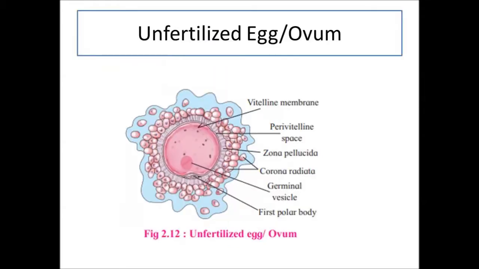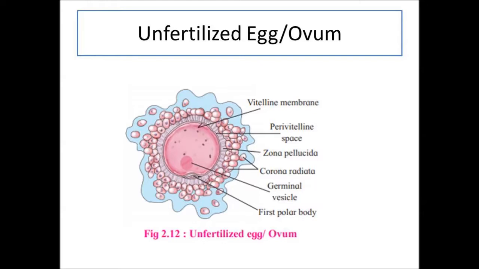Then, after the process of oogenesis, there is the structure of the secondary oocyte, or the unfertilized egg or ovum. In humans, the unfertilized egg when ovulated, meaning when released from the ovary, is actually the secondary oocyte.